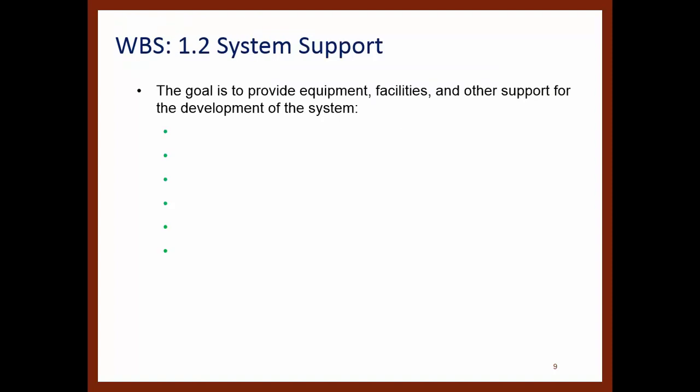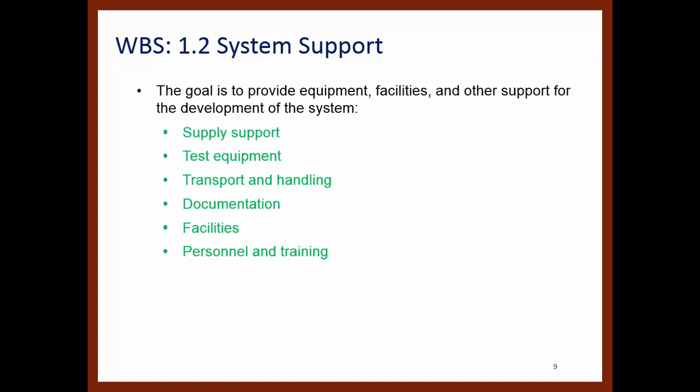System support, that's 1.2. The goal is to provide equipment, facilities, and other support for the development of the system. So that involves supply support, test equipment, transport and handling, documentation, facilities, personnel, and training.